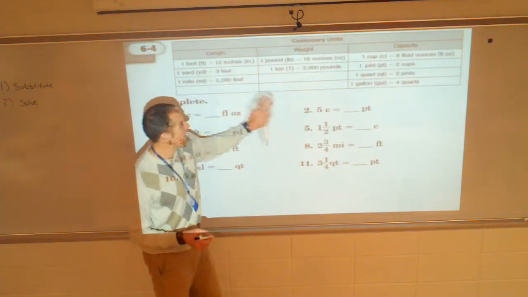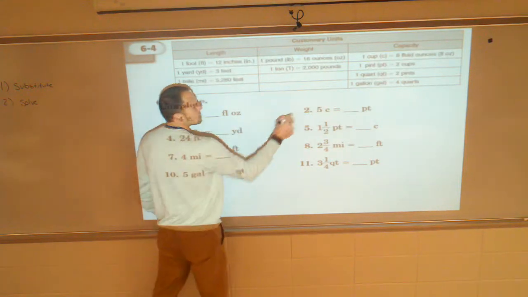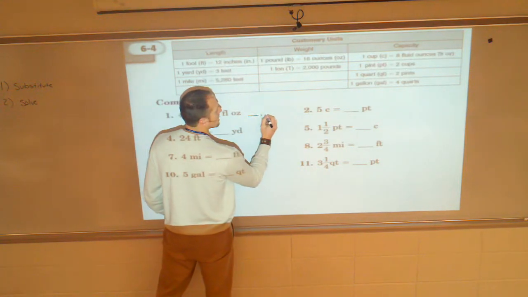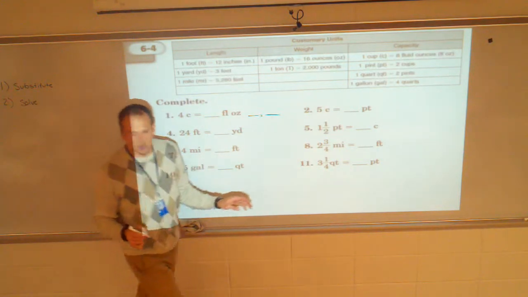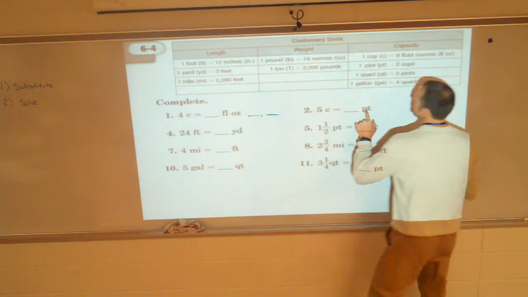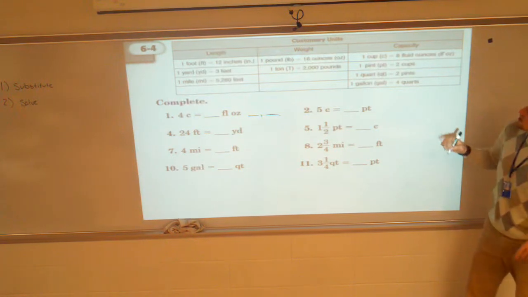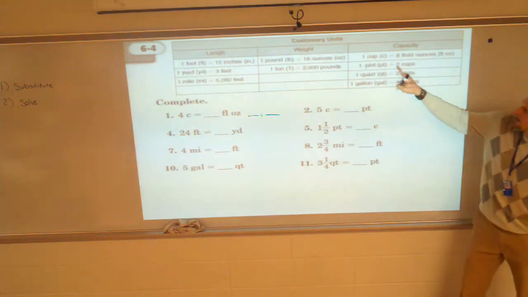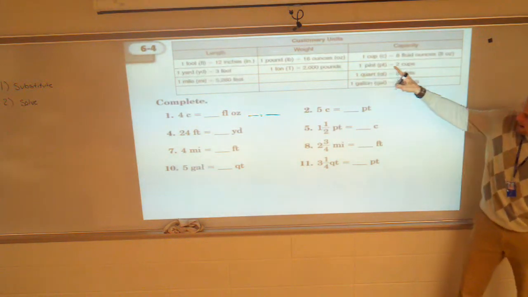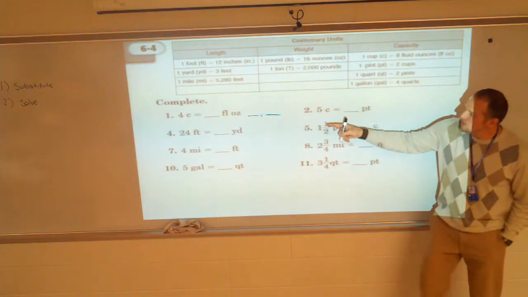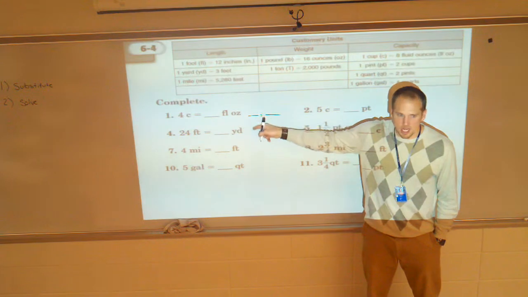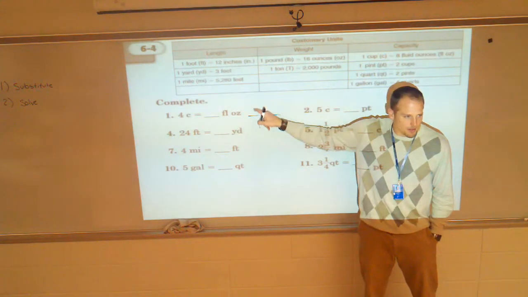Okay? Now, I want everybody to work number 2 with me. Set up a proportion. We are going from cups to pints. So, as I look right here, I see 1 pint is equal to 2 cups. Now, I'll tell you, it doesn't really matter how you set this one up. You could set this first one up different than me.